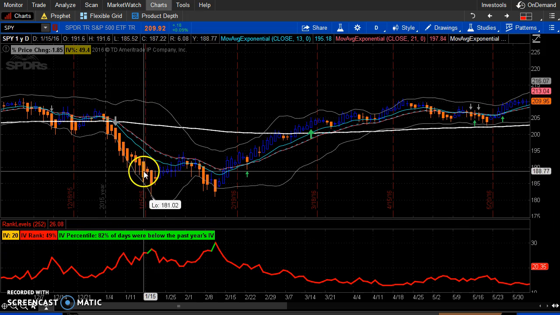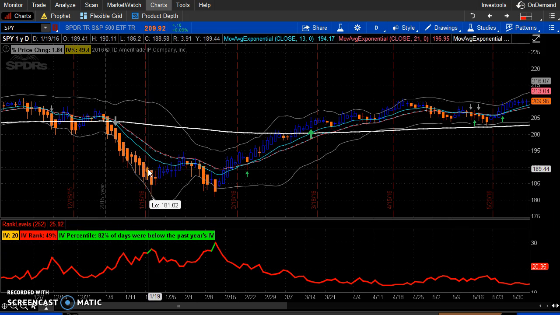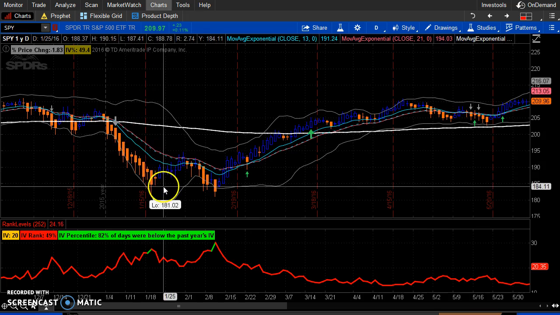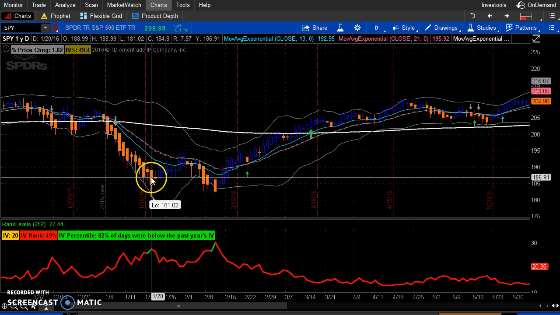This is January 19th of this year. So you weren't selling any puts, or starting to bet that the market will go higher, until this day. That means if you didn't have anything in play, you missed this entire downturn. You weren't even in the market.